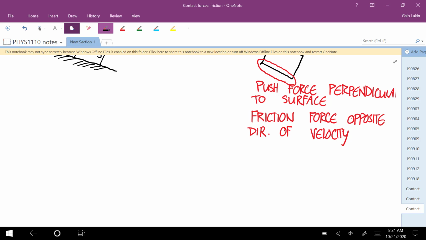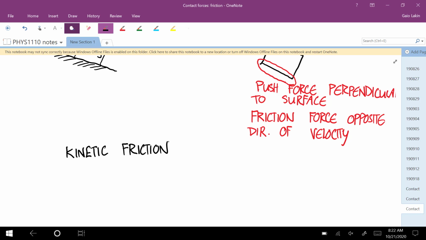Okay, so what do we know about the rules of the forces that happen when an object is sliding along a surface? So we're dealing with kinetic friction. And kinetic friction always happens together with a pushing force. You can't ever have a case where there's friction and there's not a pushing force applied to the object.